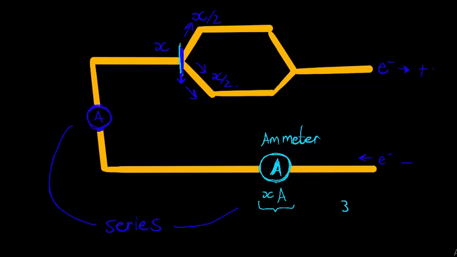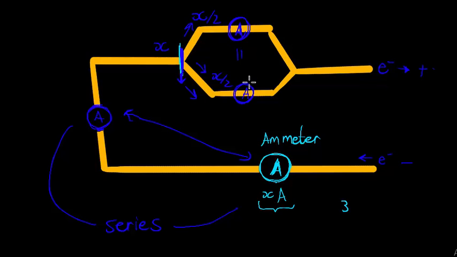So what you will notice is that when we do have an ammeter in here, and I'll try and draw it quicker, if I have an ammeter in here and an ammeter in there, these two will have the same reading. They only have the same reading because we assumed the resistances are the same.